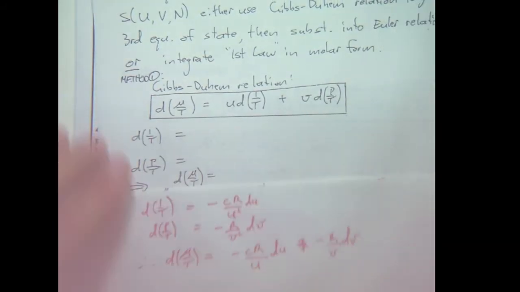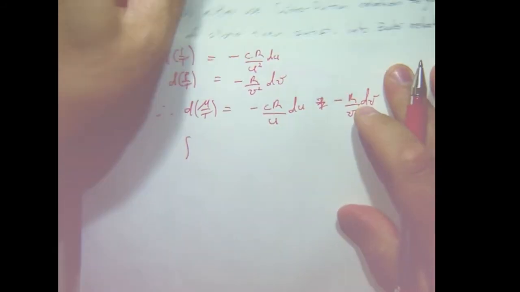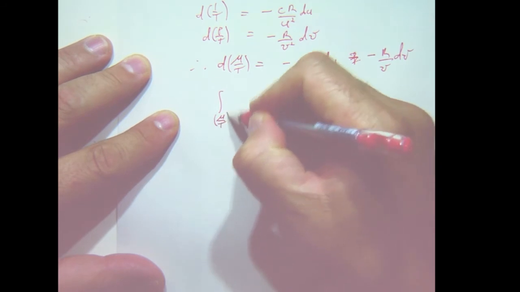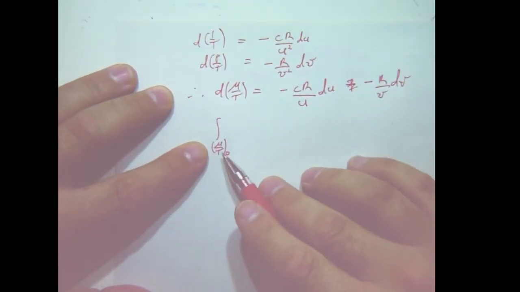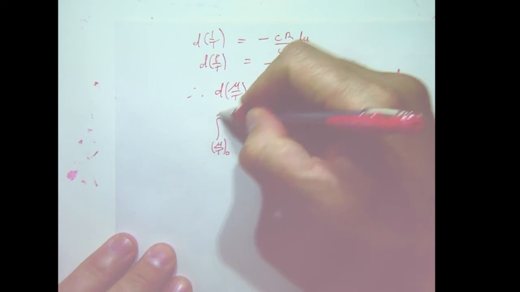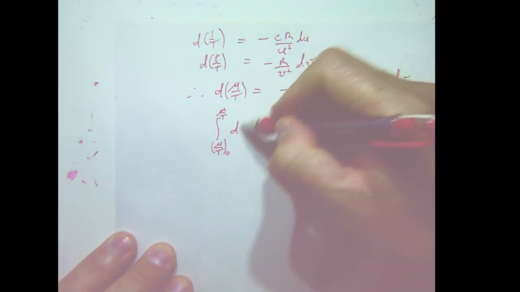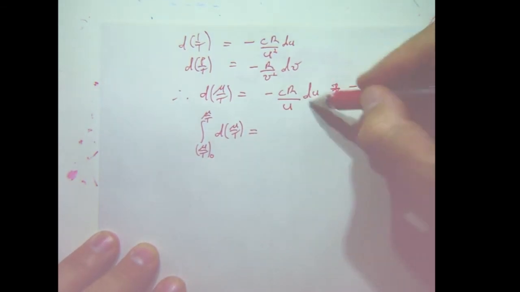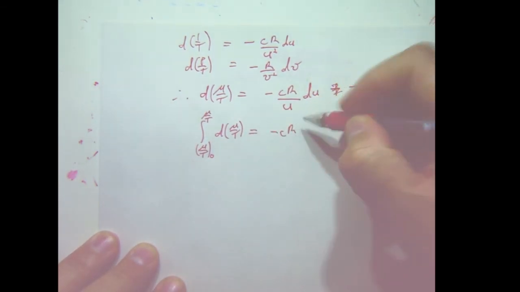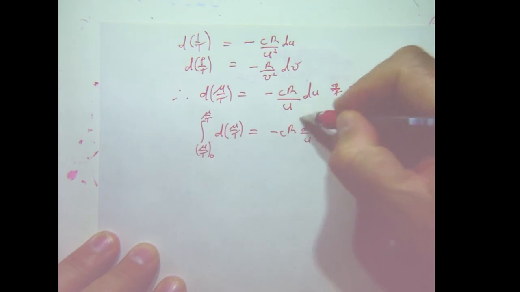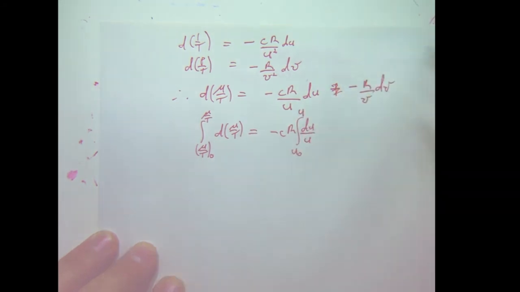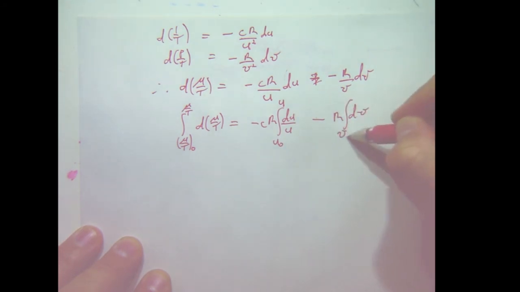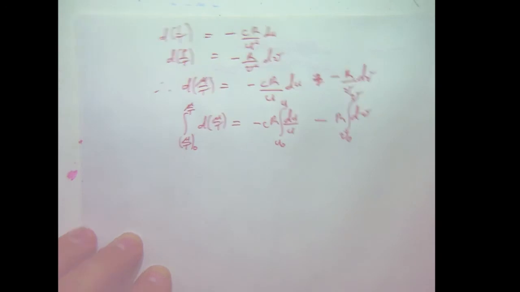Okay. And then integrate both sides. Integrate this side from mu naught on T, an initial reference value, to an arbitrary value, mu on T. And here we integrate with respect to u from an initial state to an arbitrary state, minus R dV integrated from the reference state to the final state.